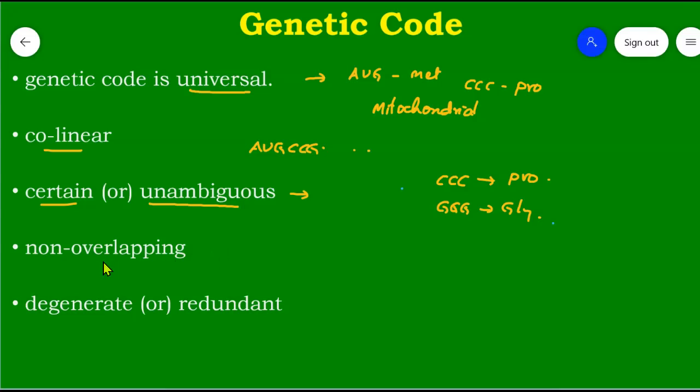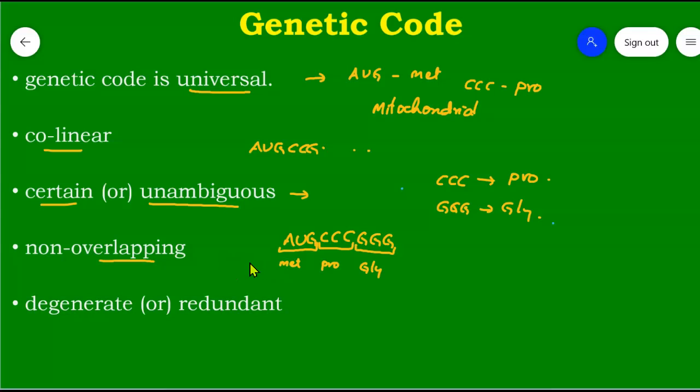And the genetic code is non-overlapping. Non-overlapping genetic code means this is one codon, the next codon is this. AUG codes for methionine, CCC codes for proline, and GGG codes for glycine.